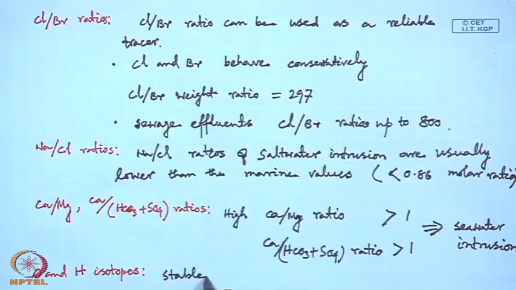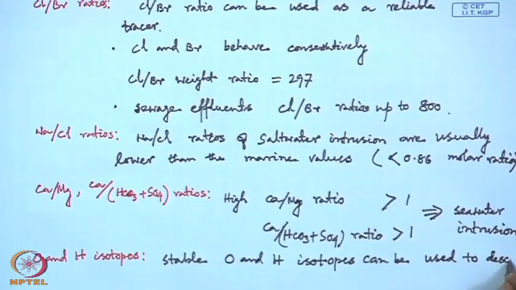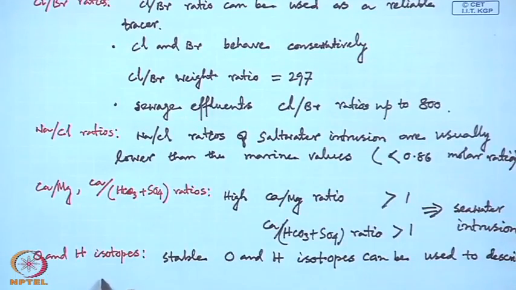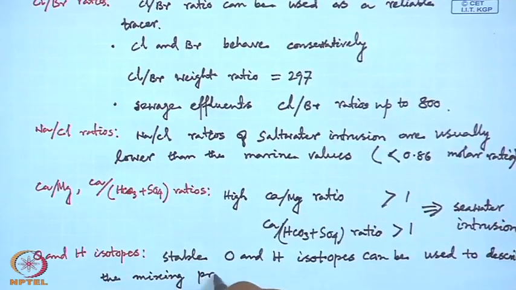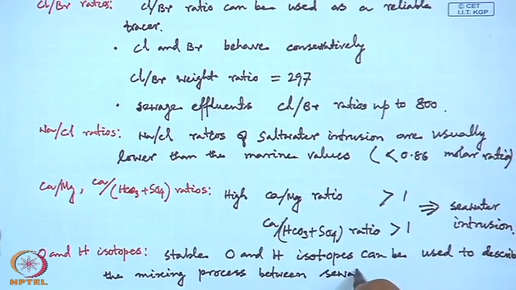Stable oxygen and H isotopes can be used to describe the mixing process between seawater and fresh water.